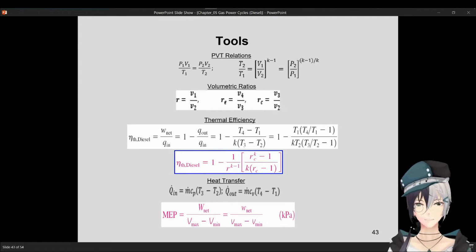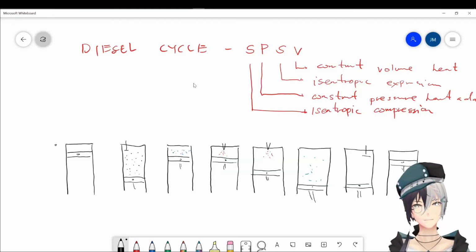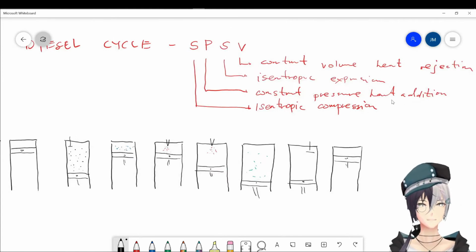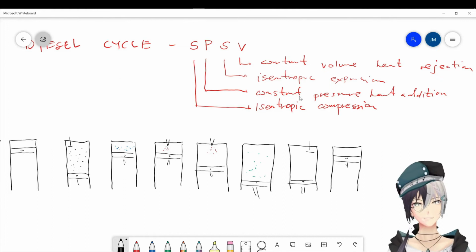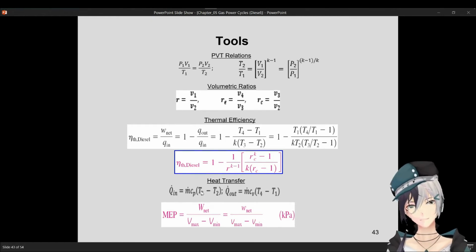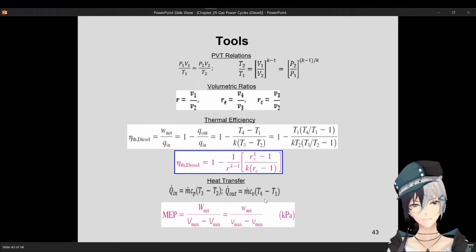Where does heat energy occur? For example, if heat energy occurs at a constant pressure process, then I know the formula I should use is this one. What temperature? Delta T. I base it on the diagram. Same thing over here.